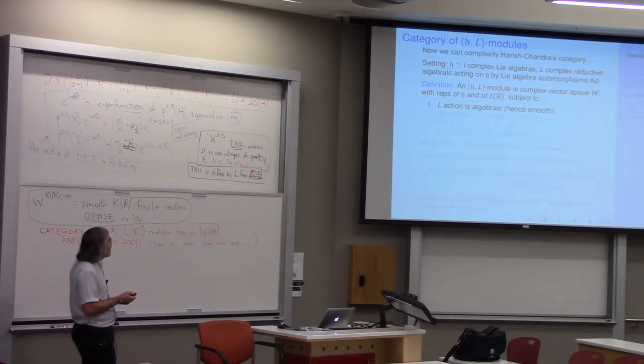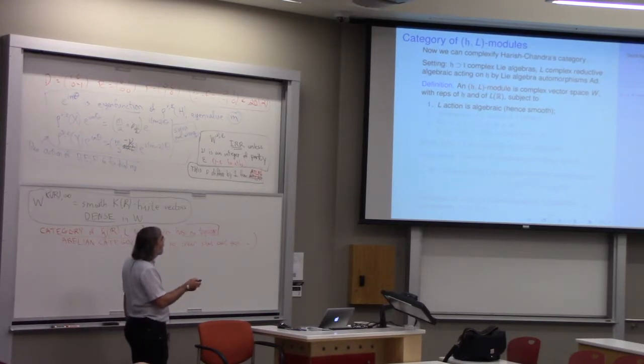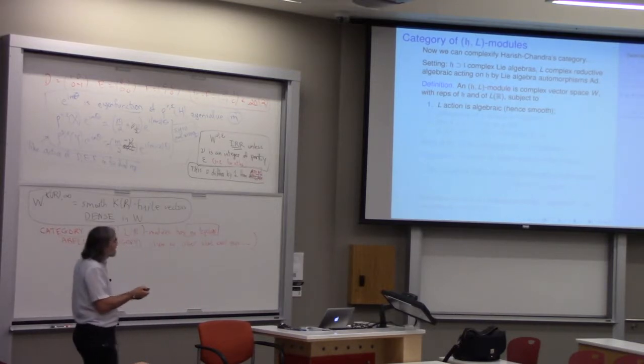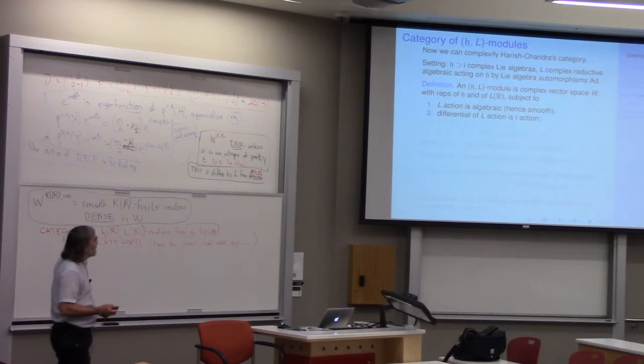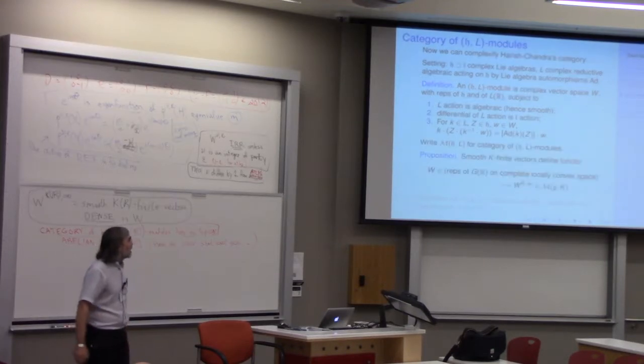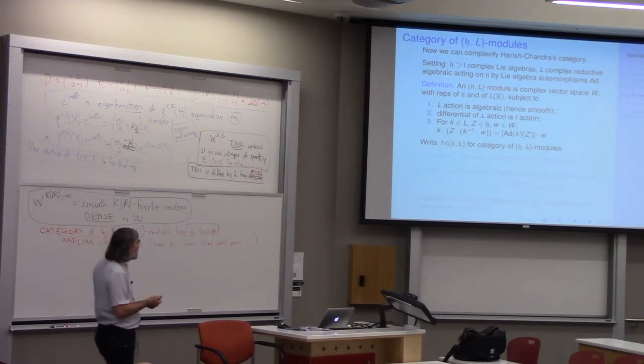This R here is one of the ones that should have been transferred to a G earlier. This should be a representation of L, not L of R. And that L action is supposed to be algebraic. The differential is this Lie algebra action, and then this compatibility. And I'll write M of H and L for this category of HL modules.